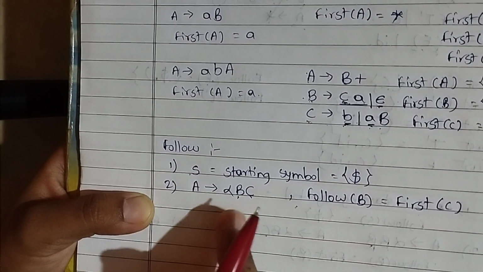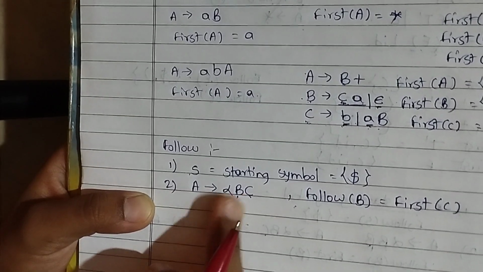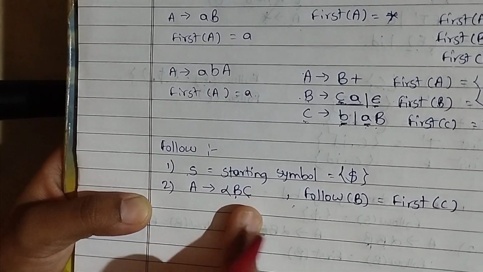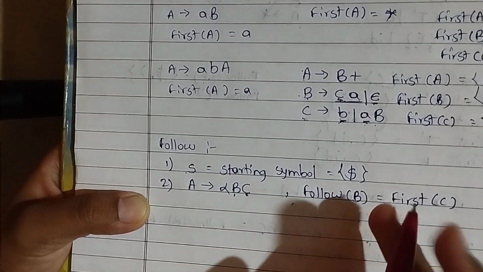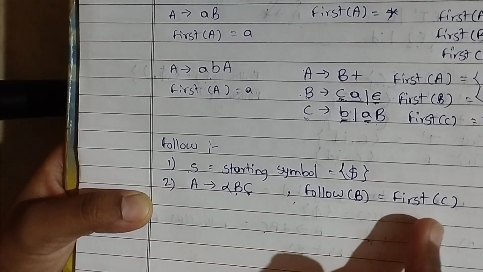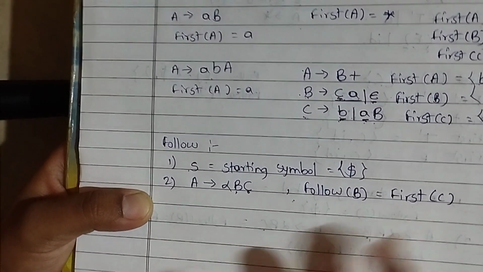If a non-terminal is followed by a non-terminal, then we find the first of that second non-terminal. So follow of B is first of C.